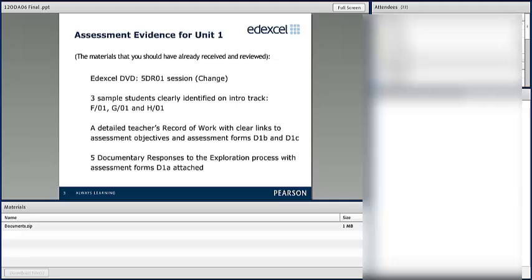If you haven't received your pack, don't forget I'm going to tell you how to access that at the end of the session, and all the written documentary responses, records of work and so on will be with you at the end of this pack for Unit 1, as well as a moderator commentary with marks and comments for all the candidates' work for 5DR01.